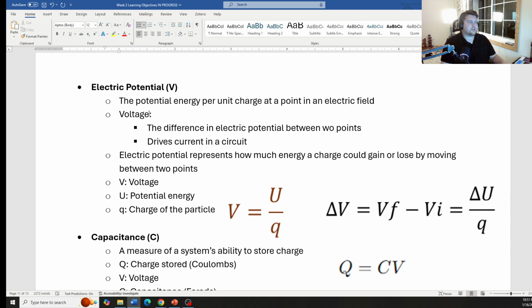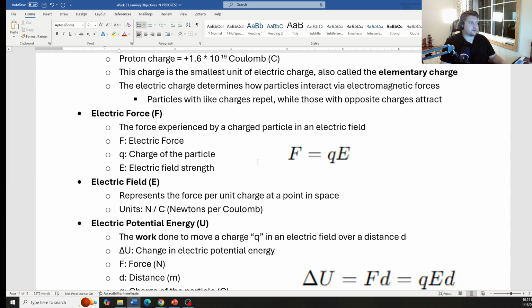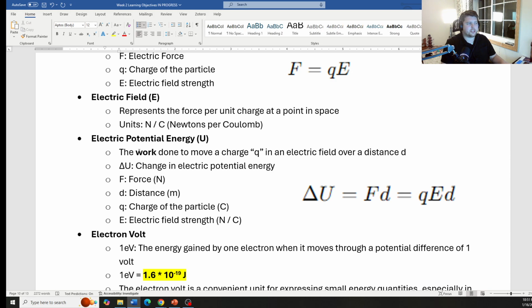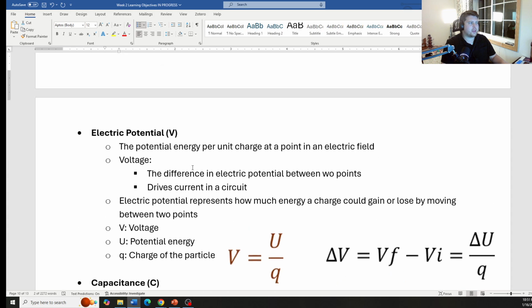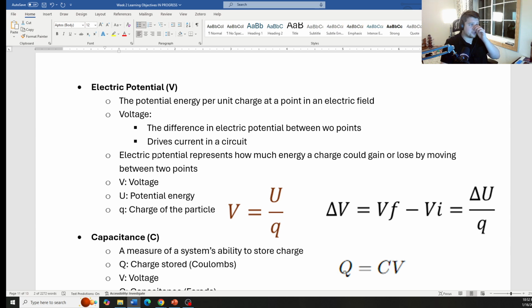Electrical potential. It's the potential energy per unit charge at a point in an electrical field. So electrical potential energy refers to work. Electric potential refers to the actual potential energy at a specific point.